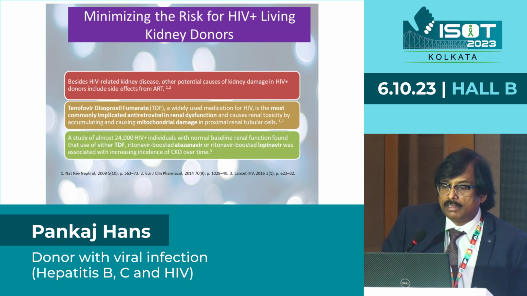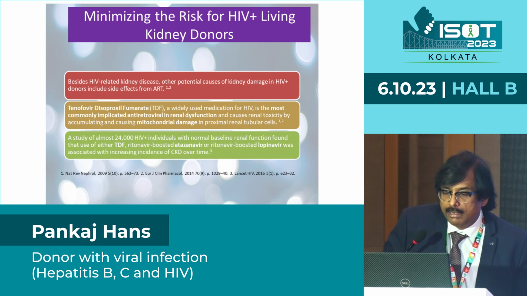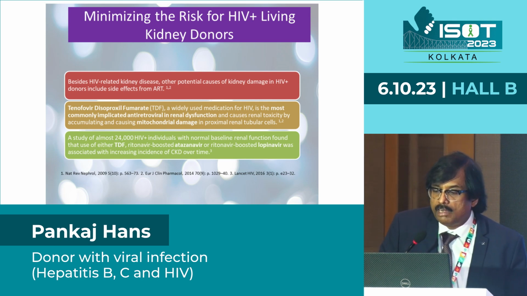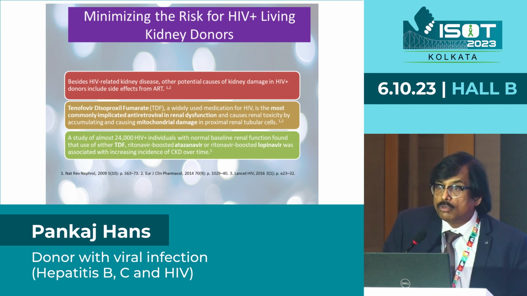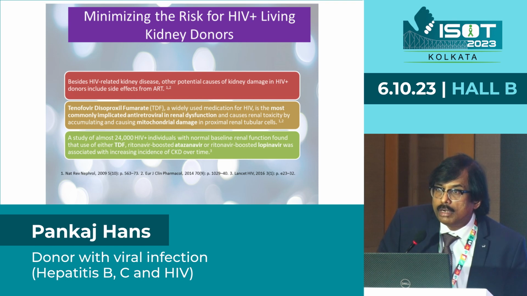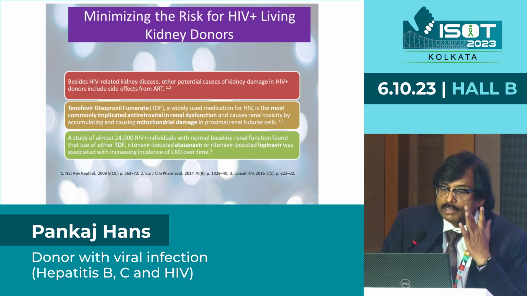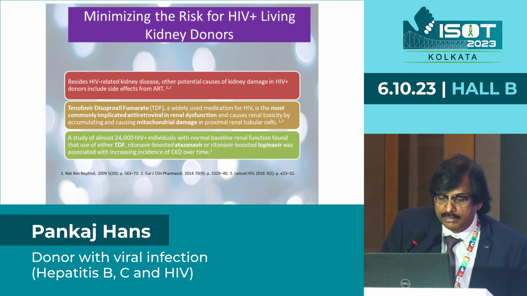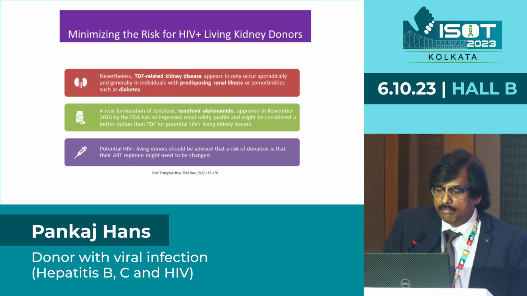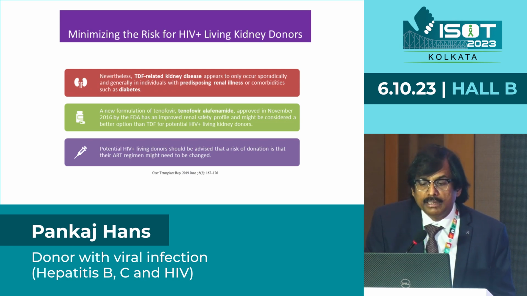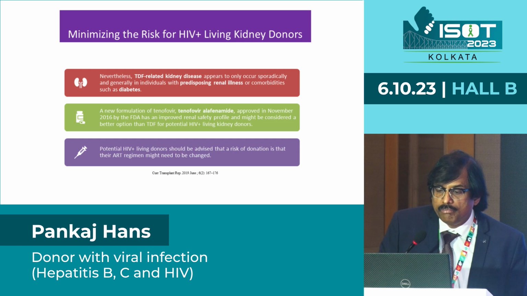There are certain nephrotoxic antiretroviral drugs like tenofovir disoproxil fumarate that cause mitochondrial damage in the proximal renal tubular cells, particularly in diabetics and those having pre-existing kidney diseases. Similarly, atazanavir and lopinavir increase the incidence of CKD with time.